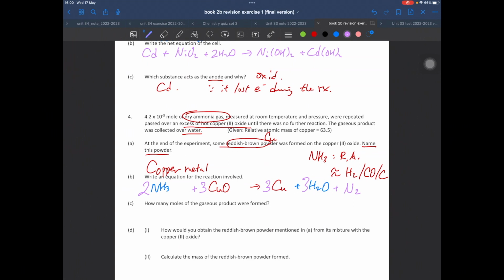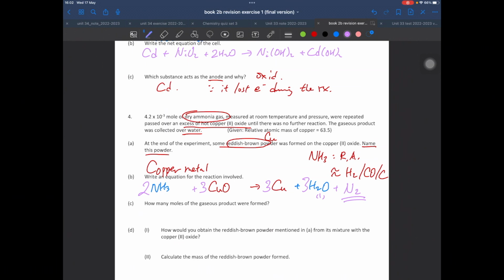So how many moles of gaseous product are formed? This is a bit tricky because some of you may wonder, the water will appear as liquid at the end. So everything we counted should be settled down at room temperature. I think this makes sense, right? So what we concern only is N2.